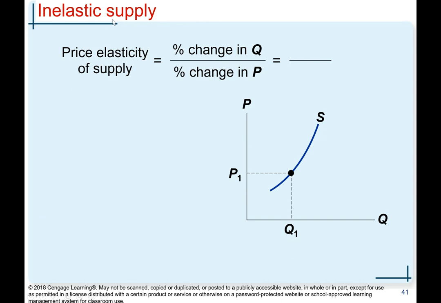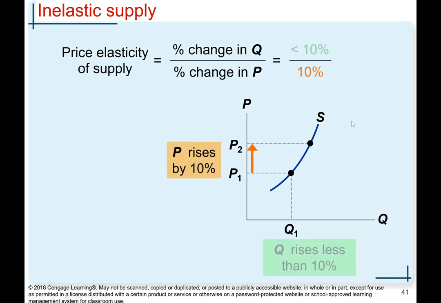What about inelastic supply? Using the elasticity formula, we can see that when price changes from P1 to P2, price goes up by 10%, quantity rises by less than 10%. As you can see, the change in quantity is smaller than the change in price.